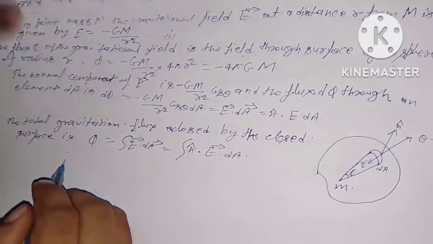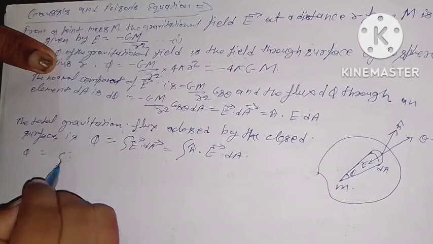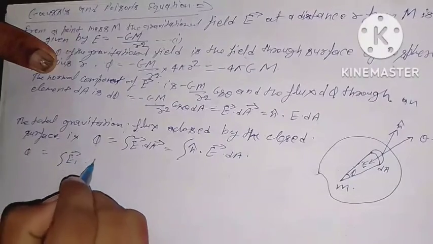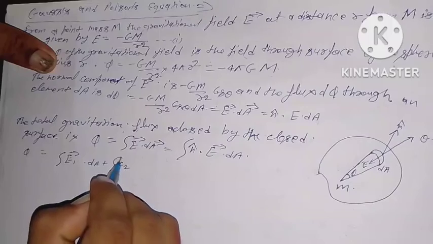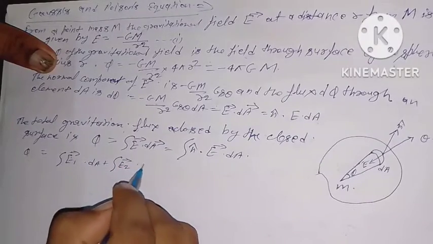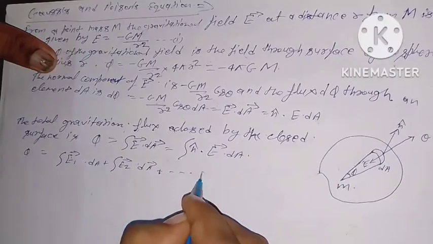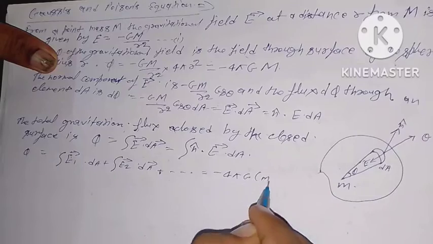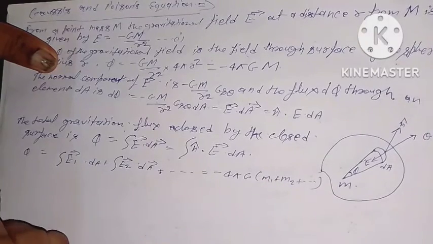So phi is the integration of E1 dA plus the integration of E2 dA plus and so on, equal to minus 4 pi capital G times M1 plus M2 plus and so on.